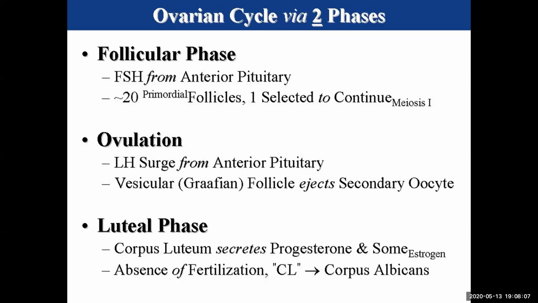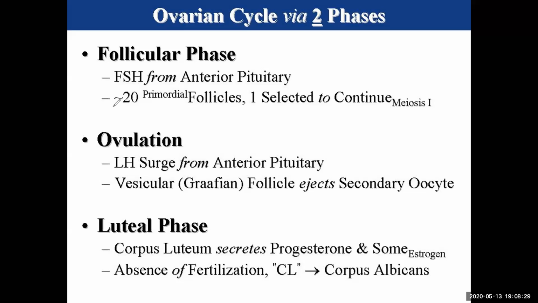And you can clearly see the follicular phase and the luteal phase. The ovulation is smack in between the two phases. And what is remarkable is, although I say 20 here, it can be up to 25 primordial follicles. Remember, each follicle contains only one oocyte, and each month only one is selected to continue to meiosis one.